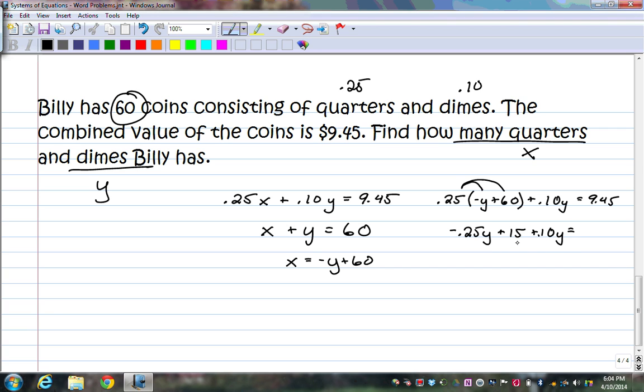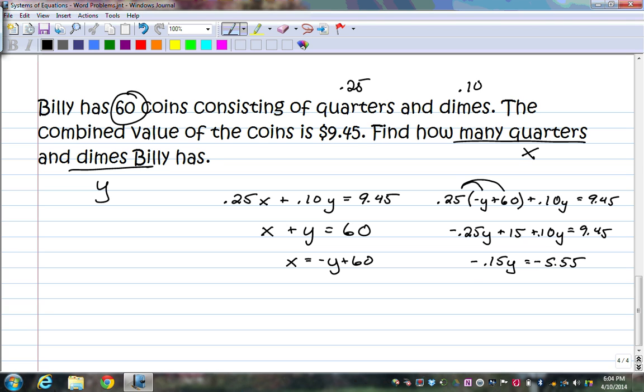You got to be careful if you don't have that leading zero. It's easy to kind of miss your decimal. 9.45. Now combine my like terms, the negative 0.25 and the 0.10, and I get a negative 0.15y, and I'm going to get rid of the 15 at the same time by subtracting it from both sides, and that'll be equal to a negative 5.55.